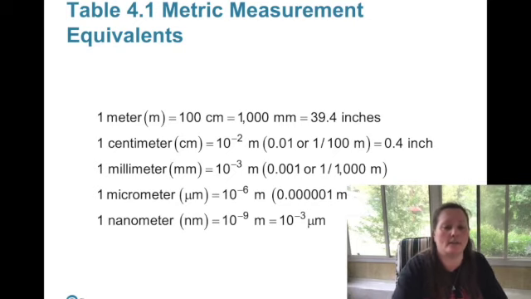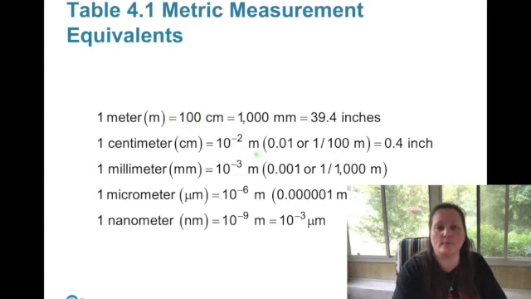If you look, and I need to get my little laser pointer. If you look here, 1 meter to 1 centimeter, we just go down. So if you have 1 centimeter, notice this is 10 negative 2, you're going to just go over a little bit.